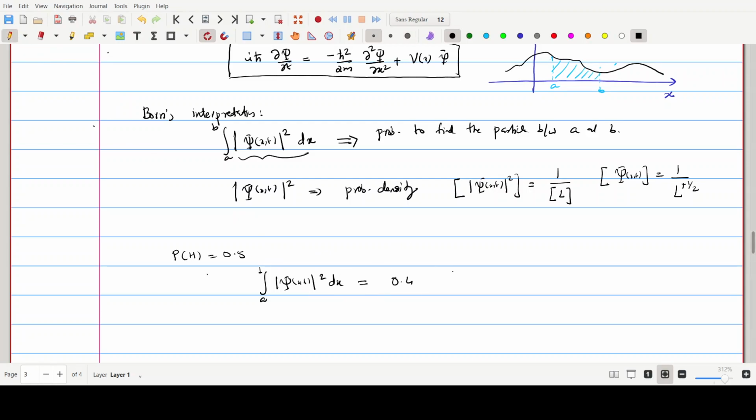So this means that if you look between A and B for 10,000 times, then almost 4,000 times the particle will be there. That's the only thing we can say. We cannot say in a particular experiment what the location of the particle would be.